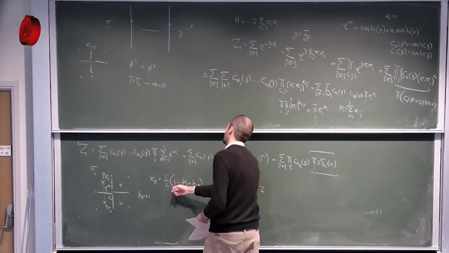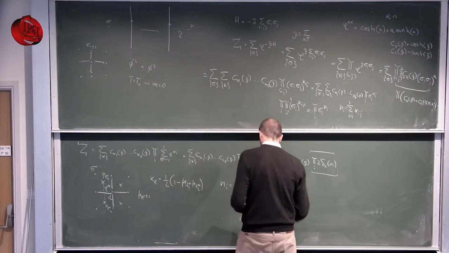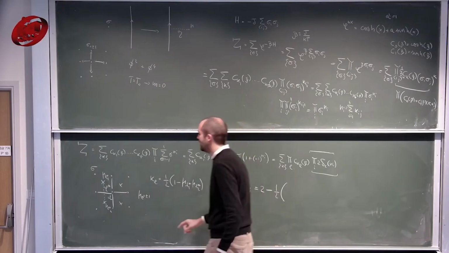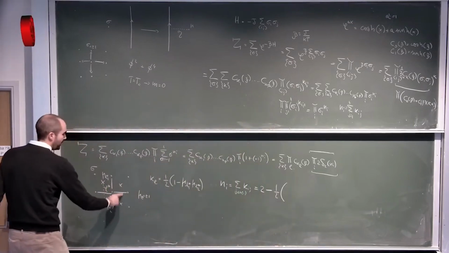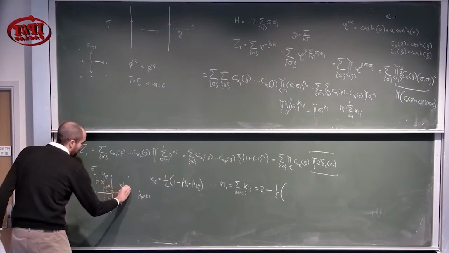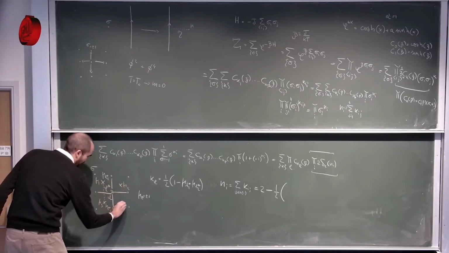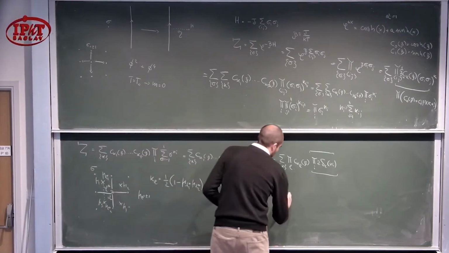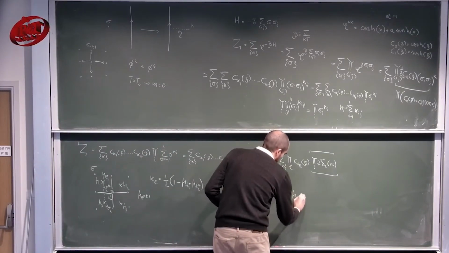So there is a 1/2 summed over 4 times, minus 1/2. Let me call, for simplicity, the 4 spins around the site that I'm interested in 1, 2, 3, and 4. So then I'm going to have this.